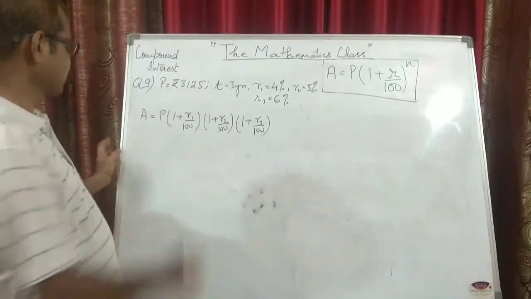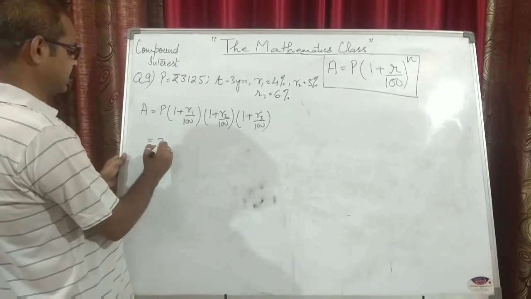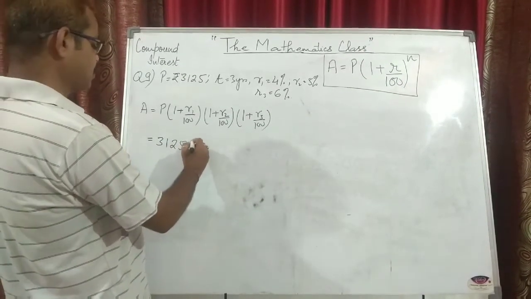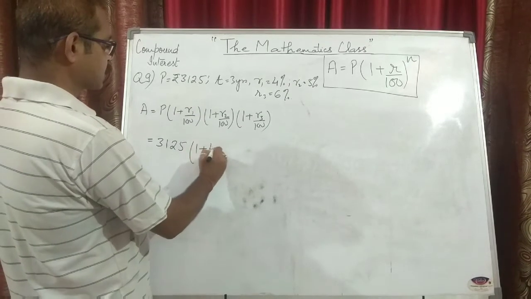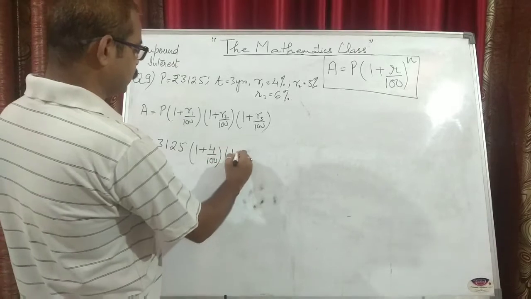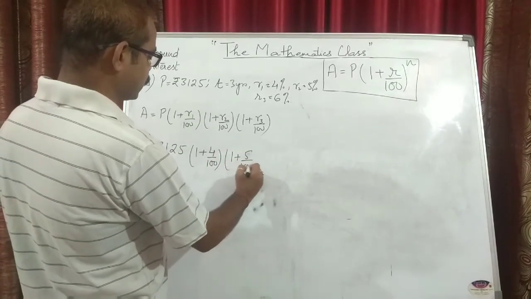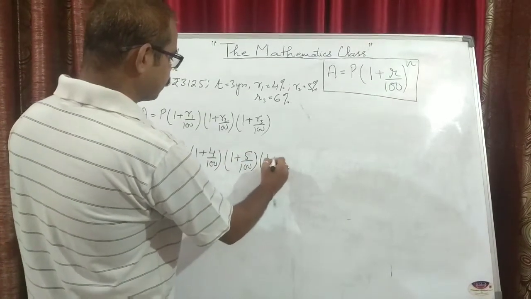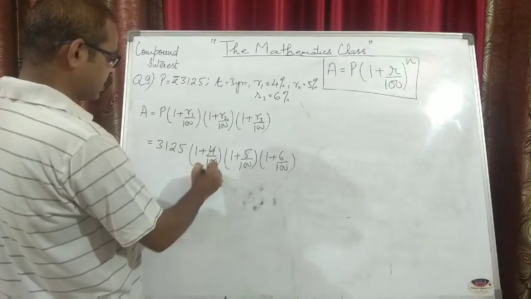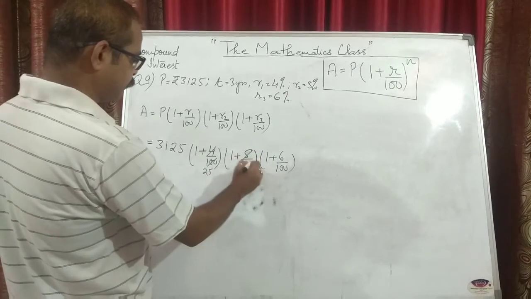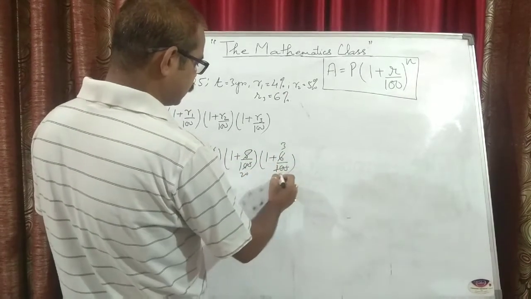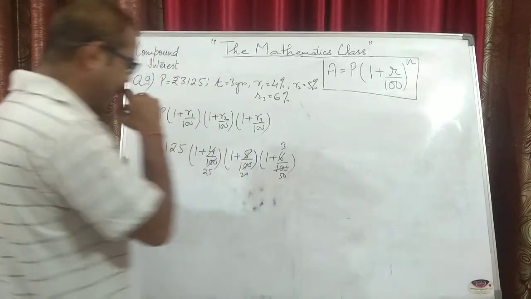So this is it. So principal is how much? 3125 into 1 plus 4 upon 100 into 1 plus 5 upon 100 into 1 plus 6 upon 100. Now 4 25s are 100, 5 20s are 100, 2 3s are 6 and 2 5s are 10.